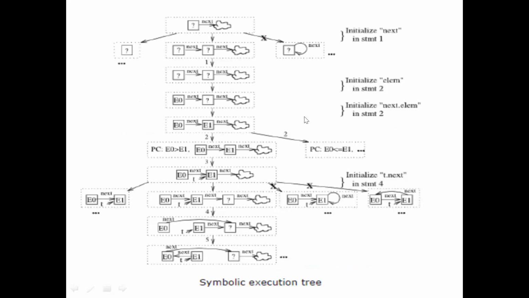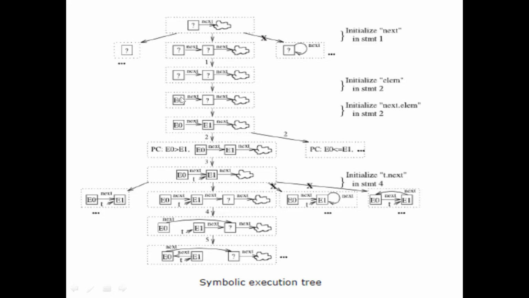Here, if you take, we are checking the various constraints while creating the linked list. So initialize the next in statement 1. The first node is created and the next address is pointing to the first node. And the first node is created and the second node is assigned. And the second node's address points to itself.